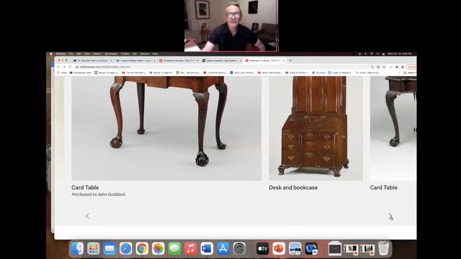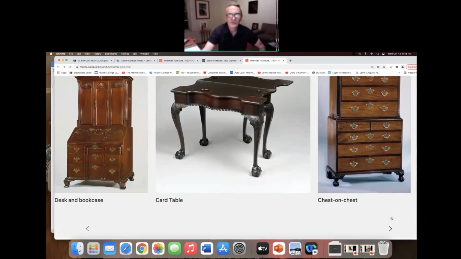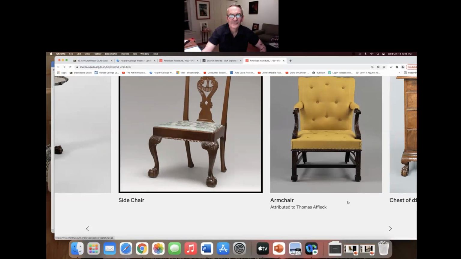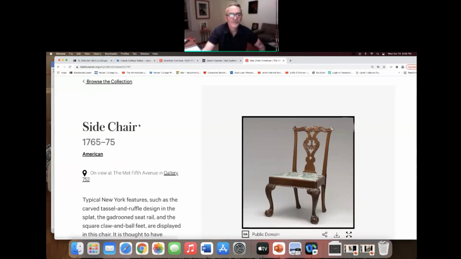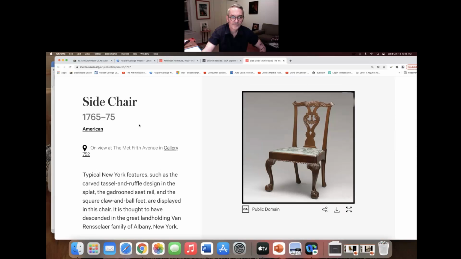All right. Here's another, a little bit more elaborate card table. Now here, they're calling this typical New York features. This is an American Chippendale.